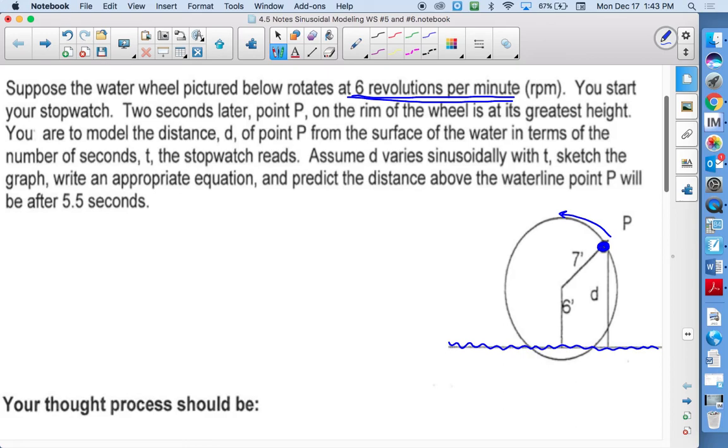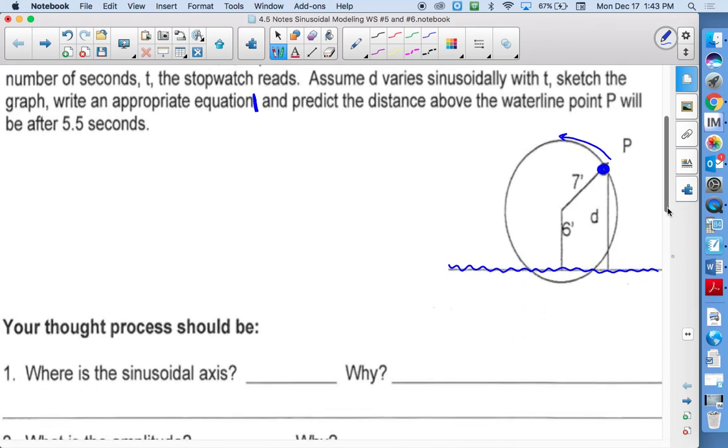So we're going to try and sketch the graph. Even though it's a circle, we're going to try and pull it apart and make it into a sinusoid, which is a sine or cosine graph. And then we're going to get an equation. Once we have the equation, then we'll talk about predicting for 5.5 seconds. But that'll be the last thing we look at.